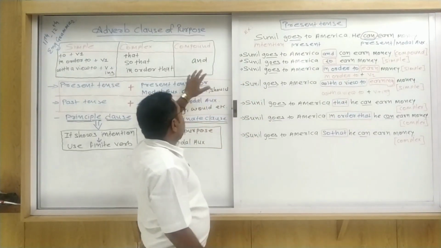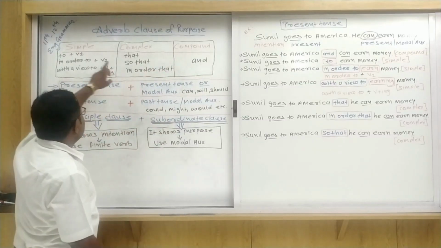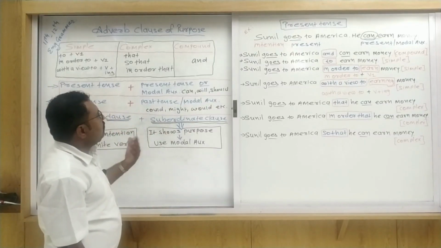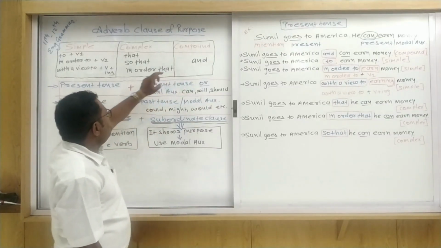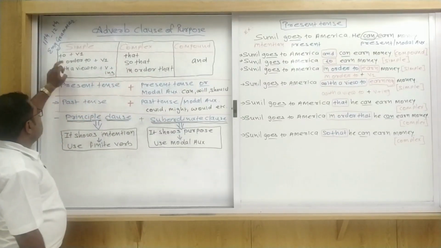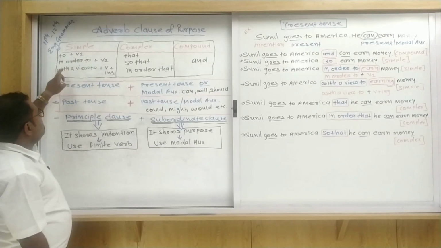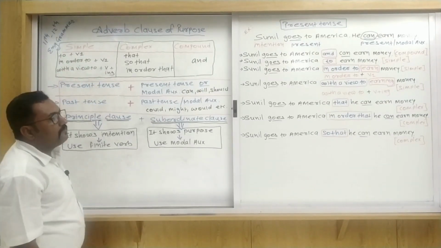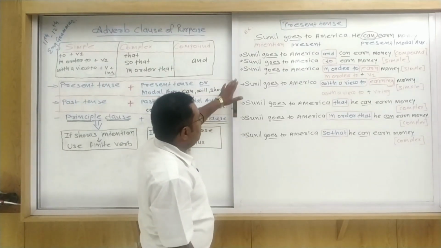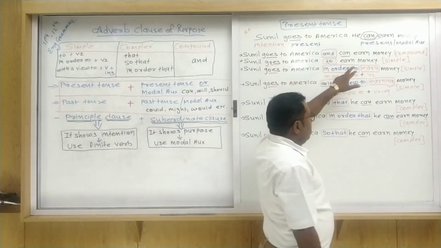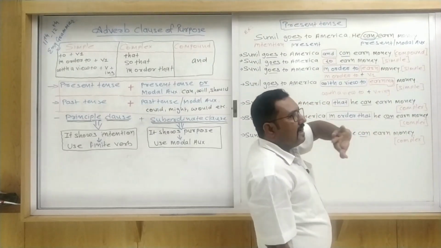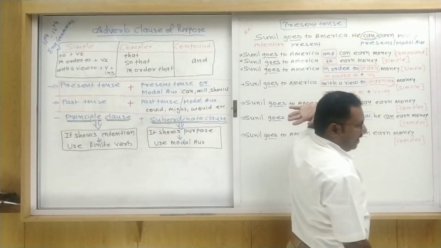Now I am trying to show you how we can make compound sentence, complex sentence and simple sentence. I am trying to show you using and, using that, so that, in order that, and using to plus V1, in order to plus V1, or with a view to plus verb plus ing. It may be possible that in the exam you will be asked to use a compound sentence, use and.